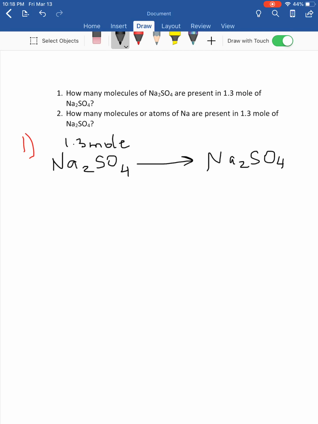Okay, if it's asking how many moles, then it's just a mole, which will have only one on the bottom. Like here, you have to find the x number of molecules. If you have no idea what's going on here, go ahead and watch my other videos.